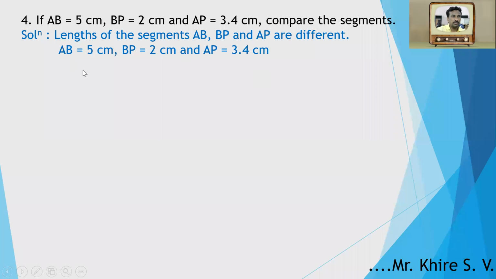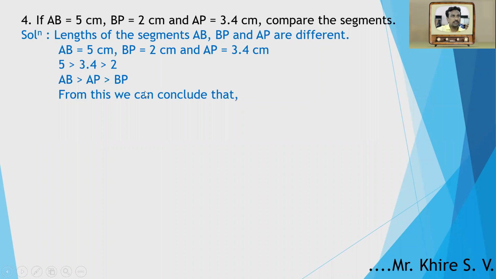Now we have to compare the numbers, or lengths of the segments given. The biggest is 5, then 3.4, after that 2, which means 5 is greater than 3.4 is greater than 2. Therefore we can write AB is greater than AP is greater than BP.